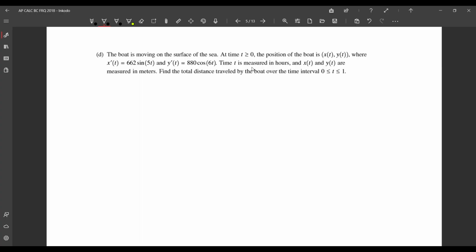So the distance is going to be the integral from 0 to 1 of the square root of x prime of t squared plus y prime of t squared dt, right? This is the arc length formula.